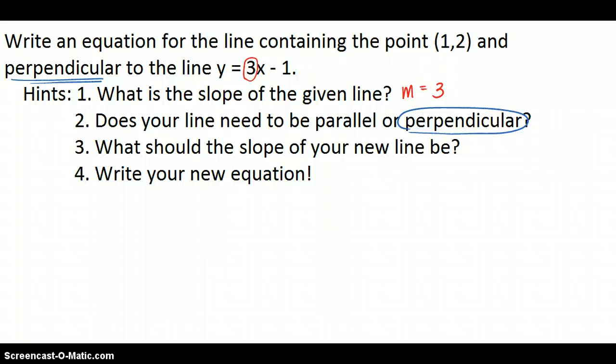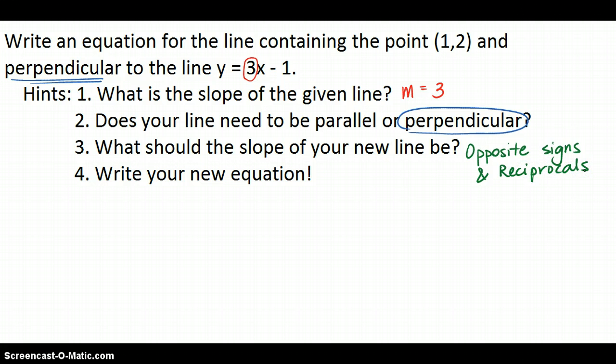So if we remember back to what we learned about parallel and perpendicular lines, we know that perpendicular lines have slopes that are opposite signs, right? If one slope is positive, the other slope has to be negative. And we know that our slopes are supposed to be reciprocals.